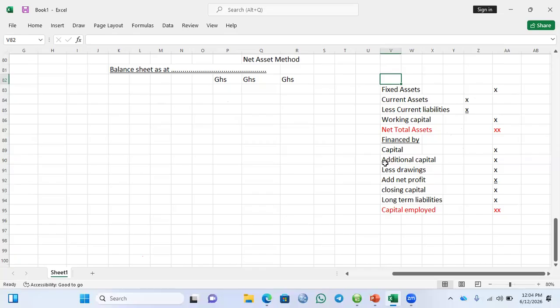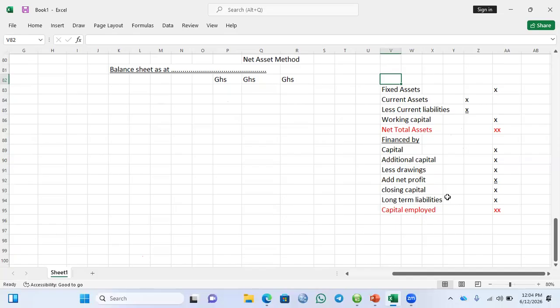So you see that long-term liabilities is down here, while current liabilities is up here, being deducted from current assets. Now, if you analyze it carefully, the long-term liabilities are not pressing. Why am I saying they are not pressing? You have a long period to settle.